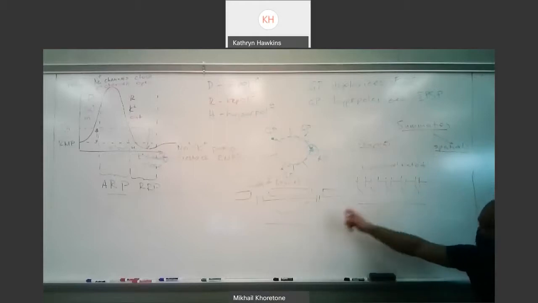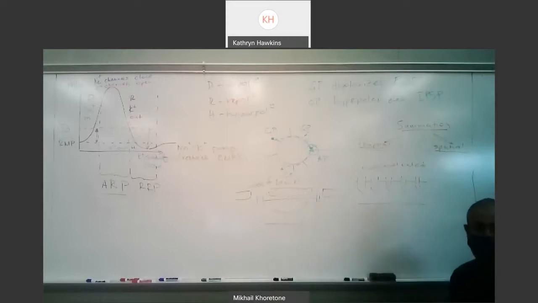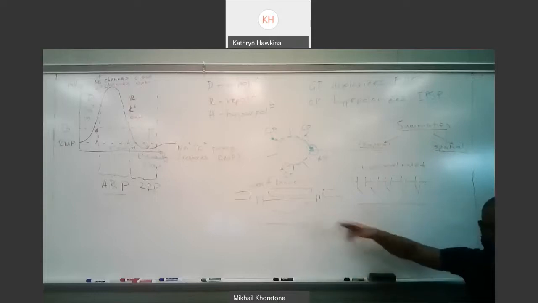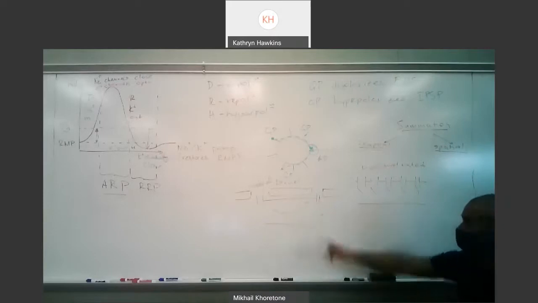Question: which of these processes will be faster? This or this? Bingo, because all you need to do is to open only two channels, right? Instead of 5. Does that mean that myelinated neurons are better? No, they're just different. If you need to pass a signal fast, like acute pain or skeletal muscles, myelinated.